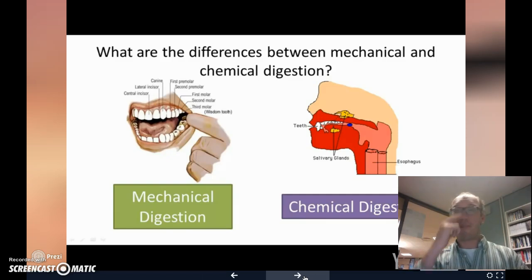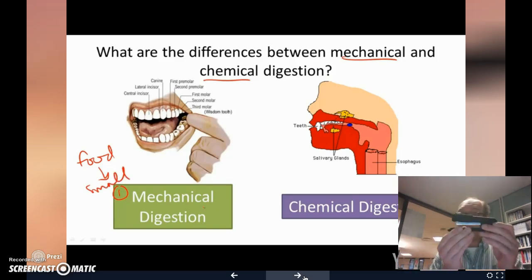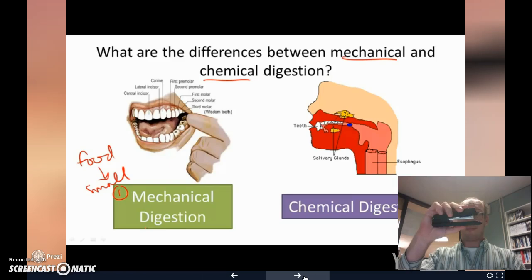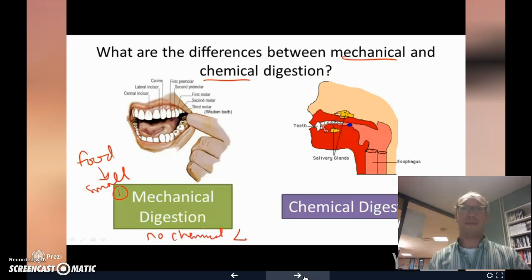What are the differences between mechanical and chemical digestion? Well, there are two major types of digestion, mechanical and chemical. And mechanical, first, can be thought of the churning, pushing, and pulling food apart down into smaller particles. So we'll make food small, but this has to do with not changing any chemical nature in the food.